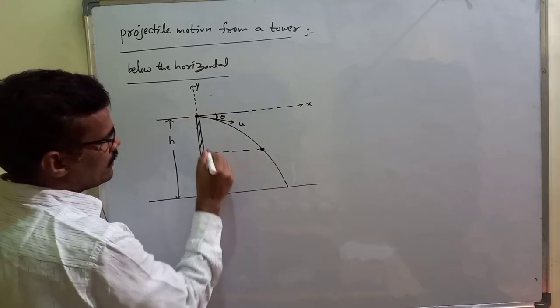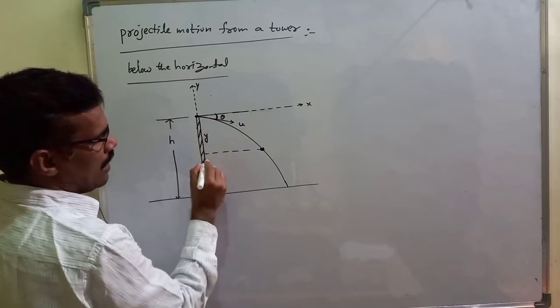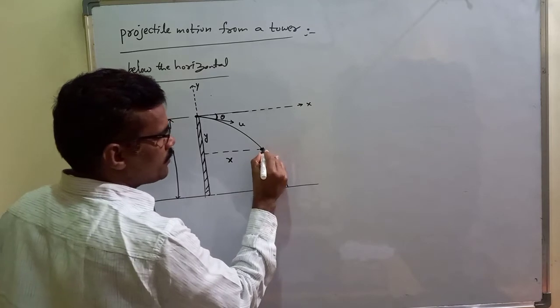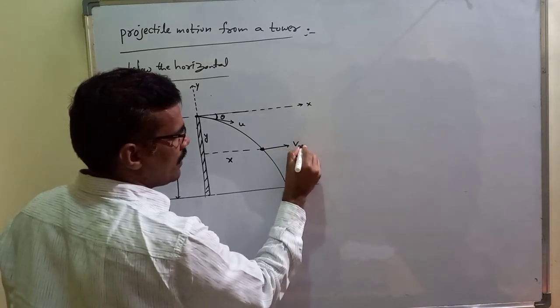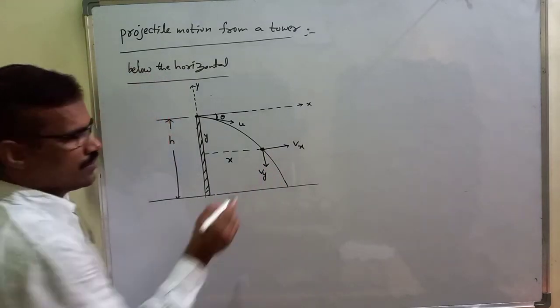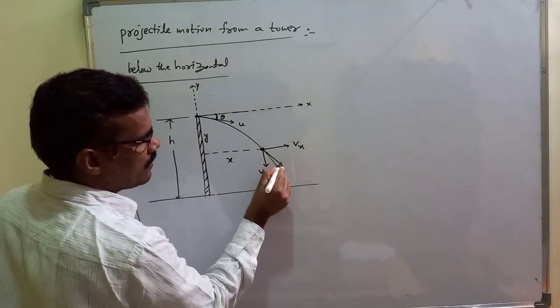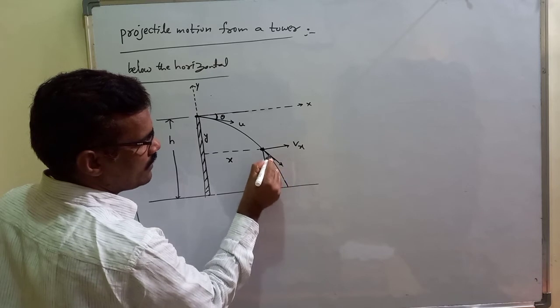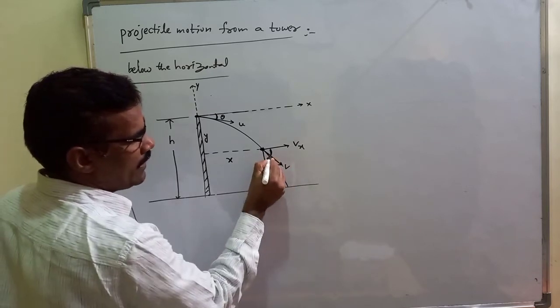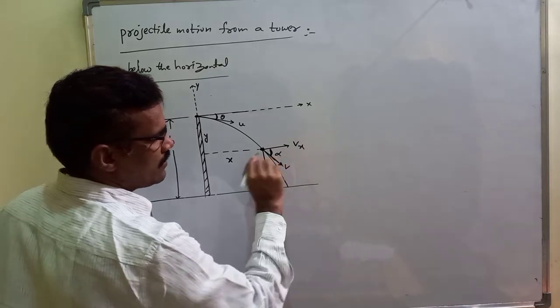What is the vertical displacement? Y. Horizontal displacement? X. The velocity at this point is Vx in the horizontal direction and Vy in the vertical direction. The resultant is V, drawn as a tangent at this point. This is the angle made by the projectile with the horizontal.